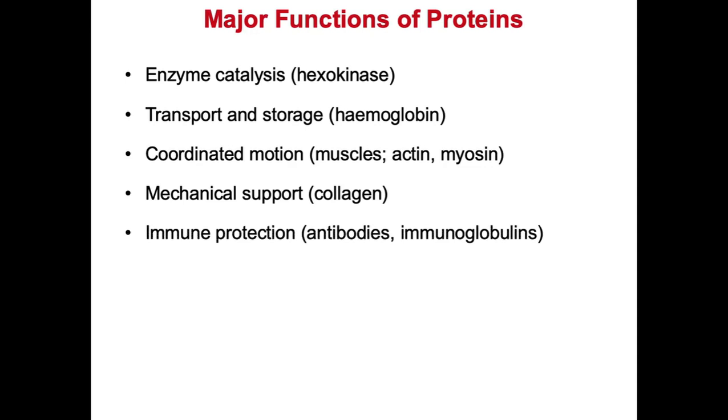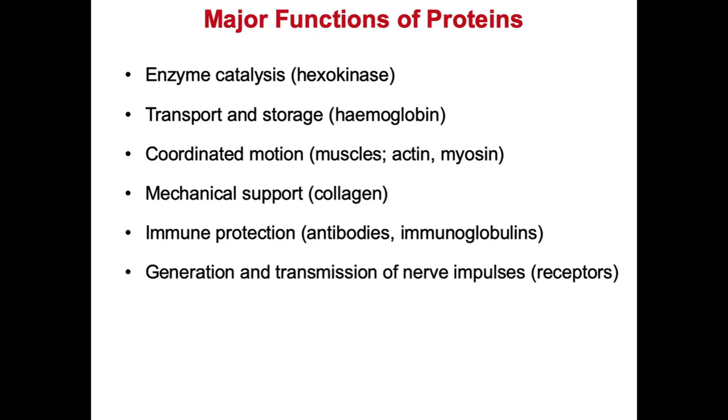I mentioned before, immune protection, so antibodies or immunoglobulins are critical for helping you fight infections. Antibodies are also used in diagnostic kits and in the clinic for testing for particular diseases.